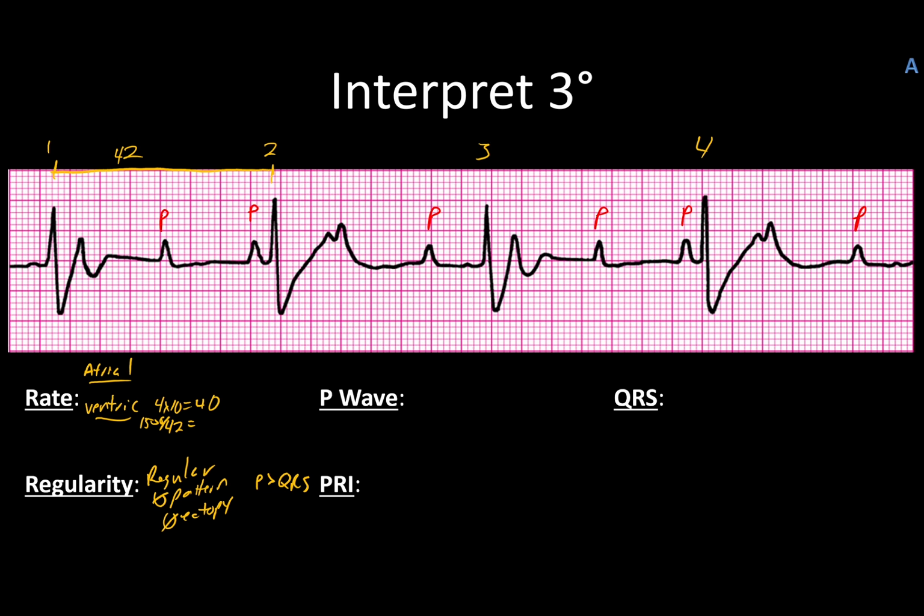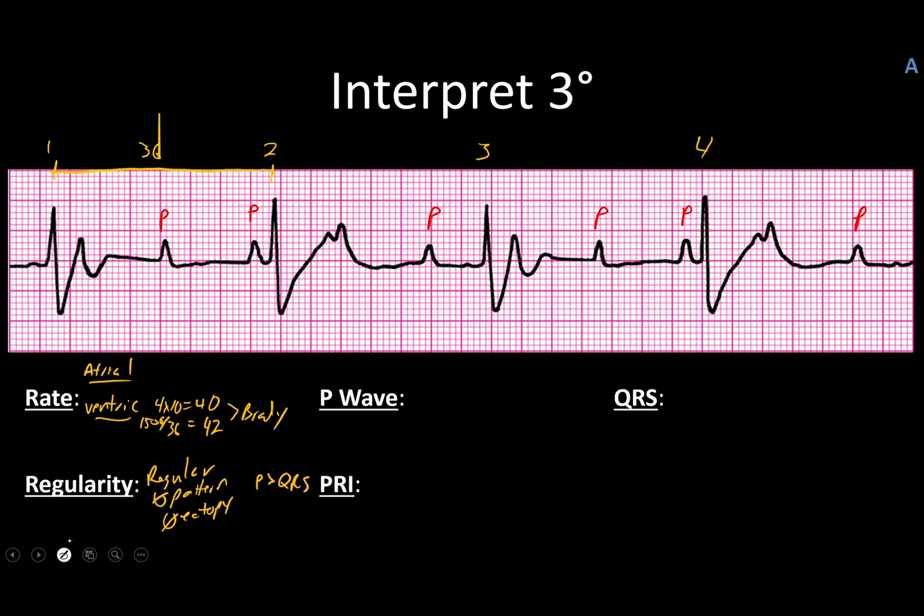And that gives us, oh, sorry, I wrote that in backwards. Apologies. .36, which gives us a heart rate of 42.